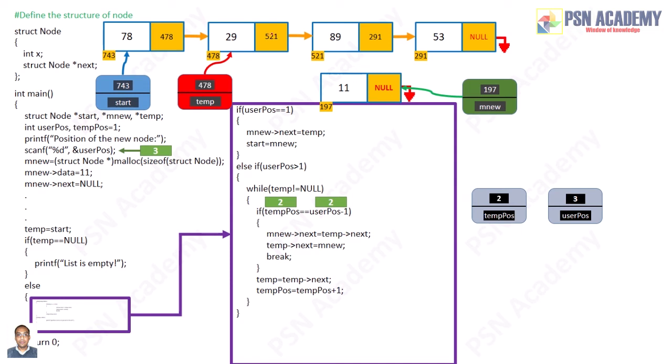So temp next is 521. This will be copied to mnew's next over here. Right? So you write like this. Now as soon as you write 521 here, which is the address of the 3rd node, the mnew next will be pointing to this 521 like this.